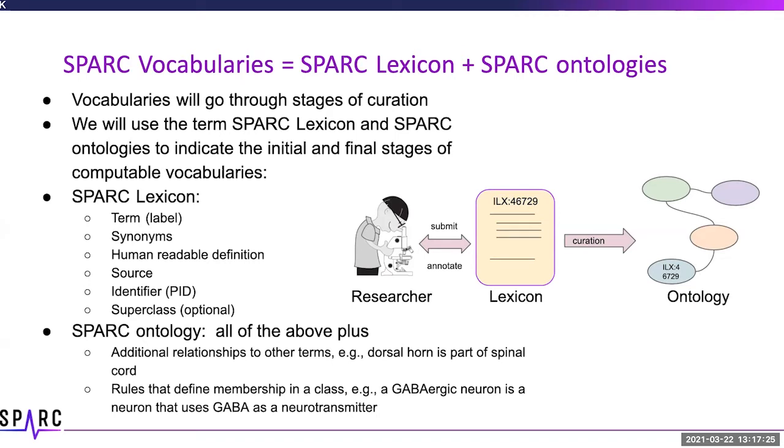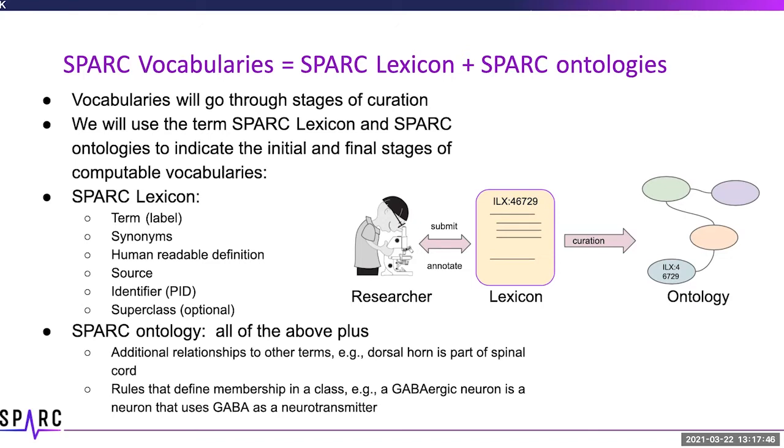The next step is the Spark ontology, and that basically then adds the relationships from the terms in the lexicon to other terms in the ontology and the broader set of ontologies that make up the Spark ontologies.